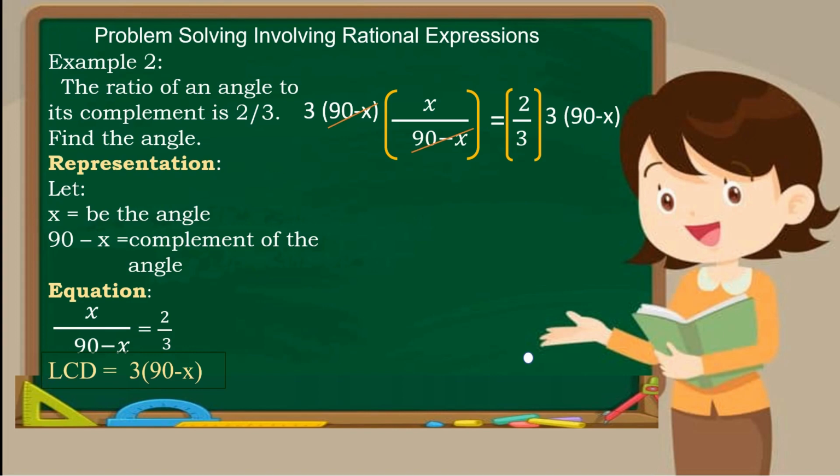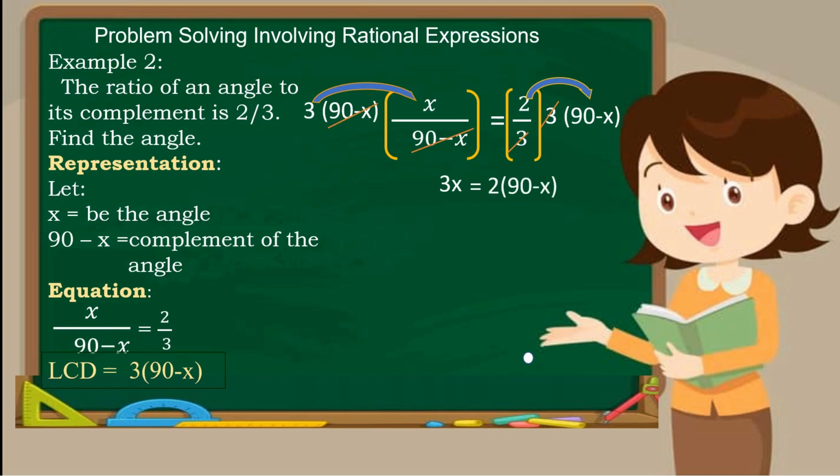And dito rin, meron din ako nakikitang common factors. Nakikita nyo na ba? Yes, tama, 3. That's 3 will cancel out with that 3 here. And then we simplify the remaining, multiply the remaining factors here. So, 3 times x, yan na yung naiwan. We have 3x. 2 times, dito naman, 2 times quantity 90 minus x.